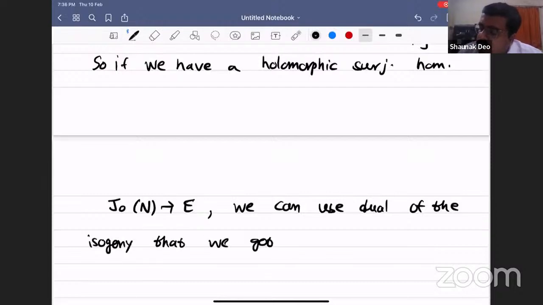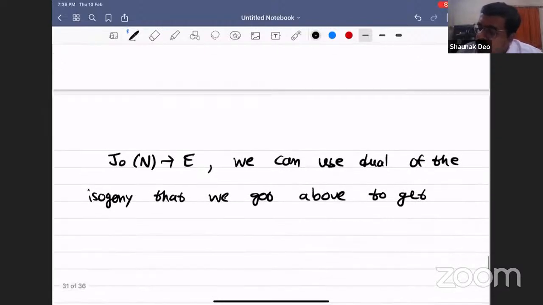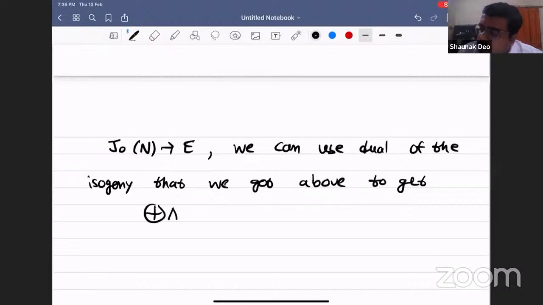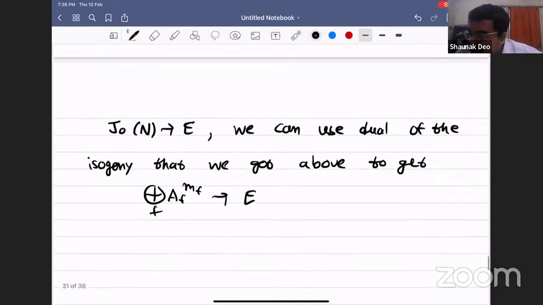That we got above, the map from this product AF power MF to E, and then each restriction is either constant or surjective.